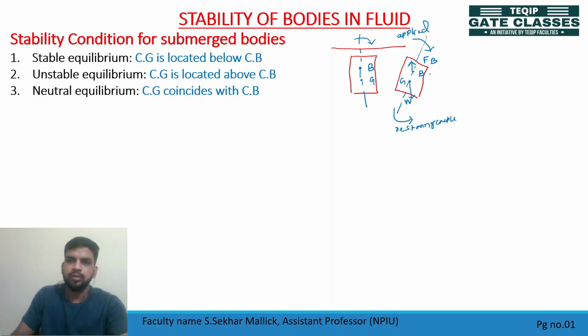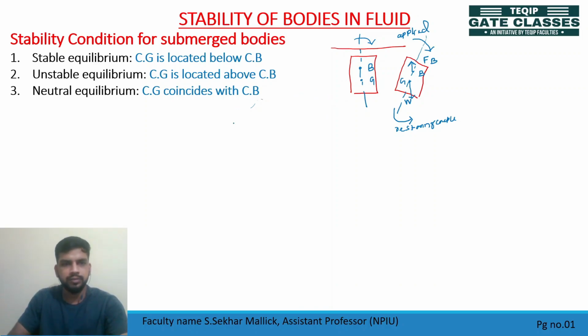To balance the applied torque, there will be a matching restoring couple, and the body will try to take its original position. That's why we say the body is in stable equilibrium. Stable equilibrium means that if we give some angular displacement, the body will try to regain its original position.